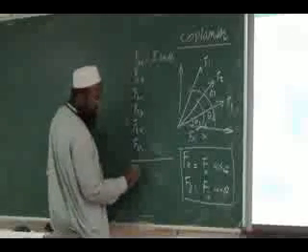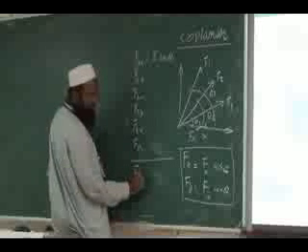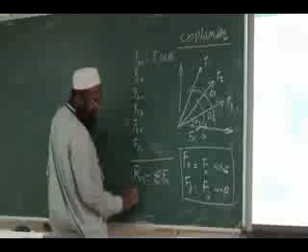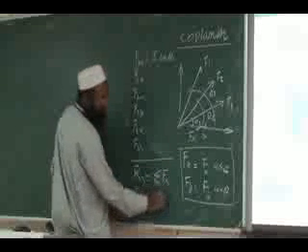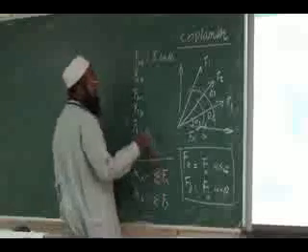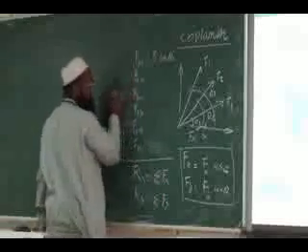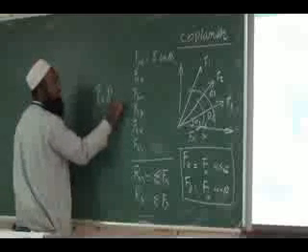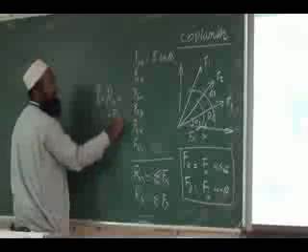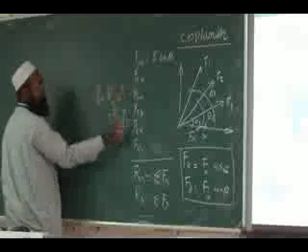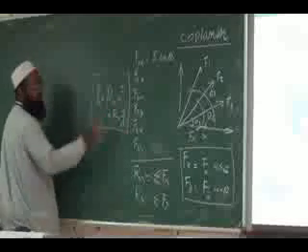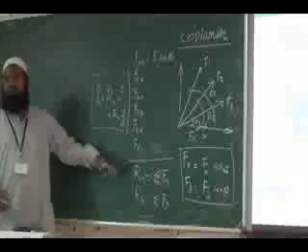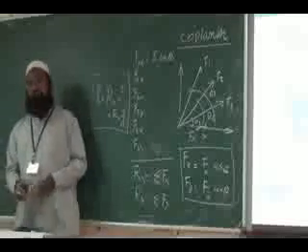The resultant acting along x will be sigma Fx, and this is sigma Fy. So the resultant vector can be written as R equals Rx i plus Ry j, unit vectors. Okay, this will be applicable if there are more forces.